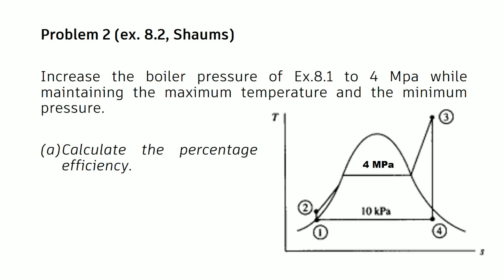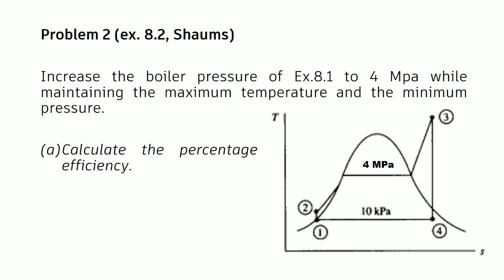So here in this problem, let's increase the boiler pressure to 4 megapascal while maintaining the maximum temperature and the minimum pressure. In our previous problem, we stated there our maximum temperature and minimum pressure.